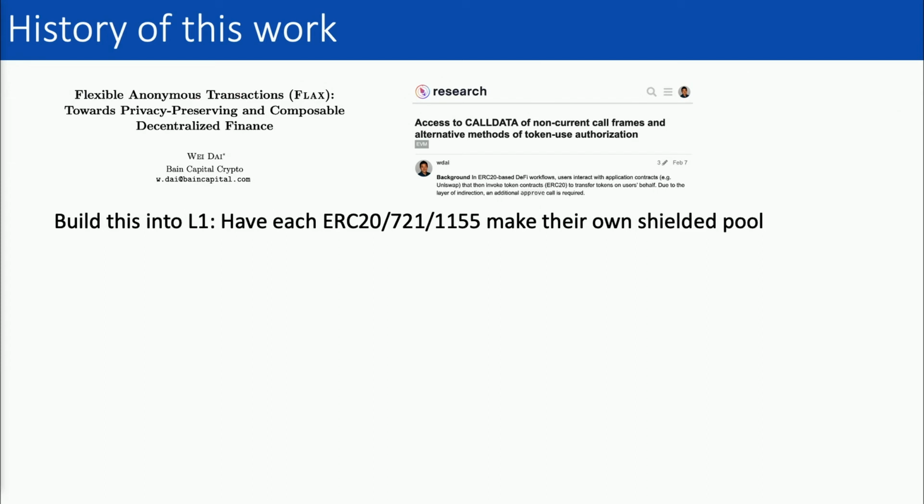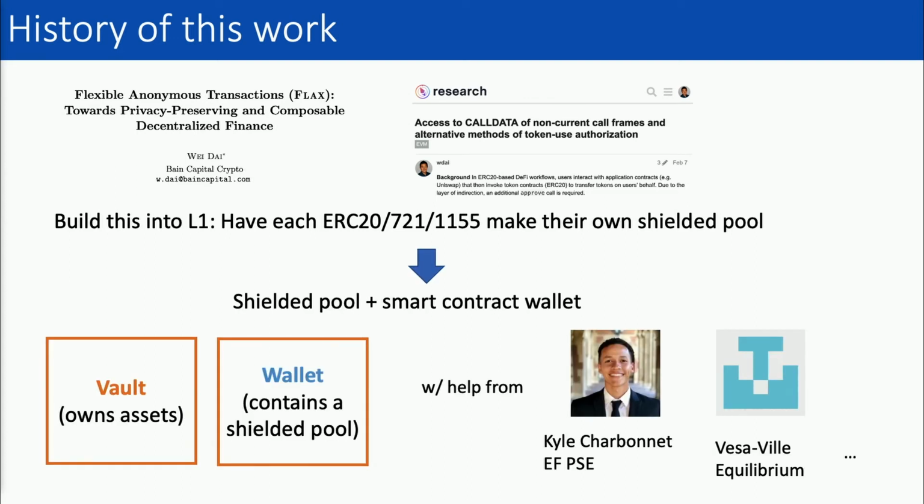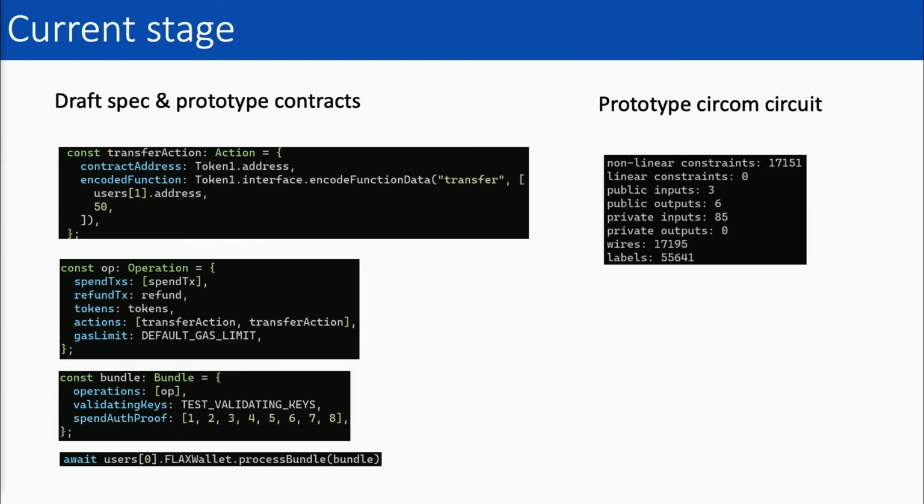OK, so a bit of background on this work. This actually started out as more of an academic work describing how you would do this on L1 natively. And throughout the past couple of months, we iterated on this to make it into a more backwards compatible version. This is with help by Kyle from the Ethereum Foundation, as well as folks from the Equilibrium company. And I would say that we'll have draft smart contracts written as well as draft circuits.